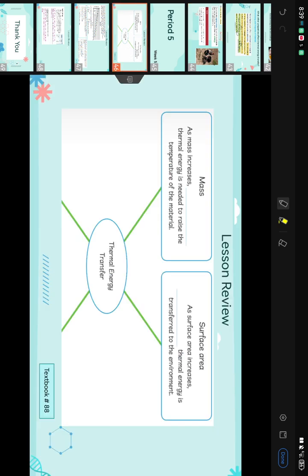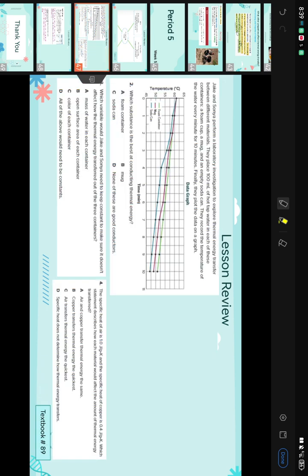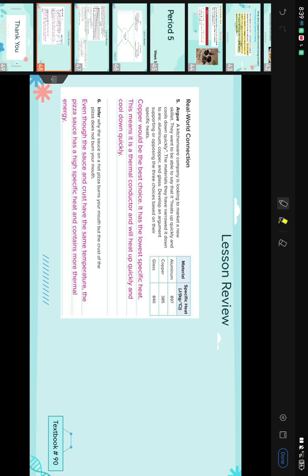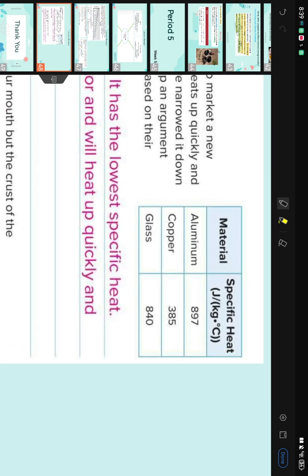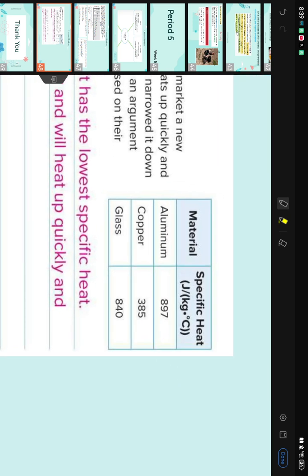Okay, so now we have to see some equations for review. If we have different materials, let's see this question number 5. As we can see here, they have different values of specific heat.